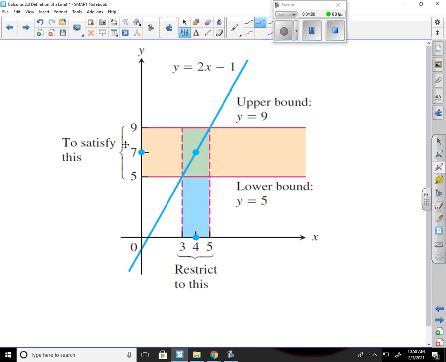So we found the first part, which is to say that in order for my y to be within 2 units of 7, my upper bound has to be 9 and my lower bound has to be 5. Right? Because it's got to be between 9 and 5 to be within 2 of 7.